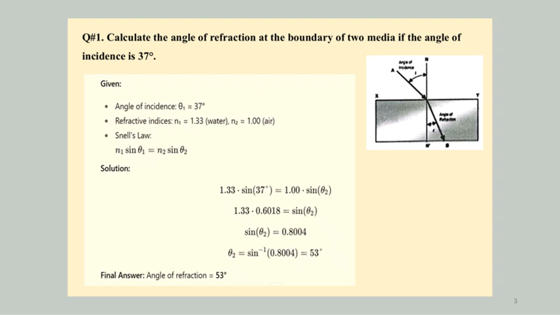Now this is equal to sin theta 2. Theta 2 will be equal to sin inverse of 0.8004, and from the calculator we get 53 degrees. So the angle of refraction is 53 degrees.